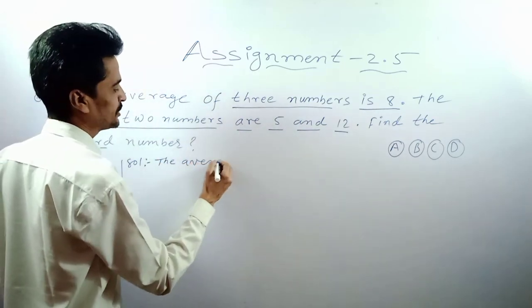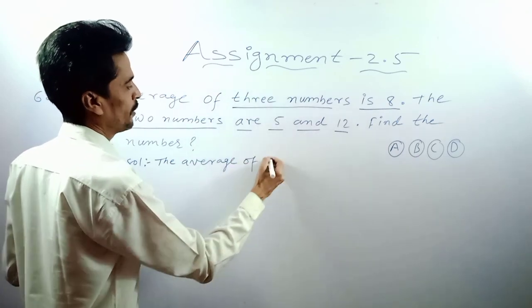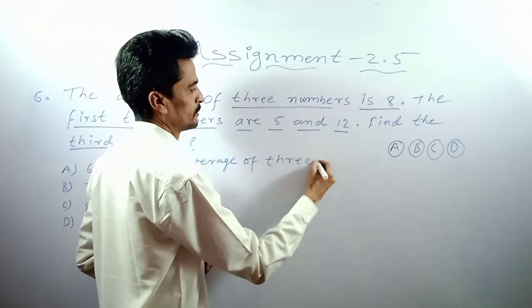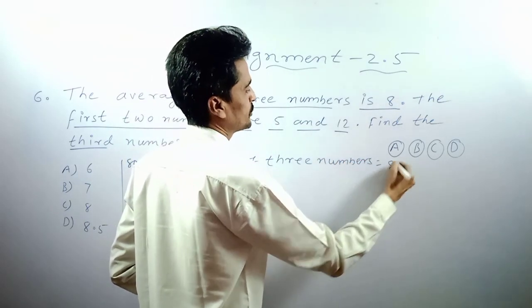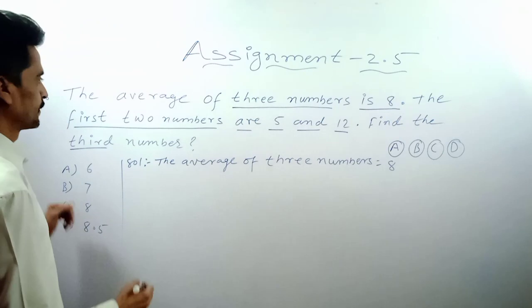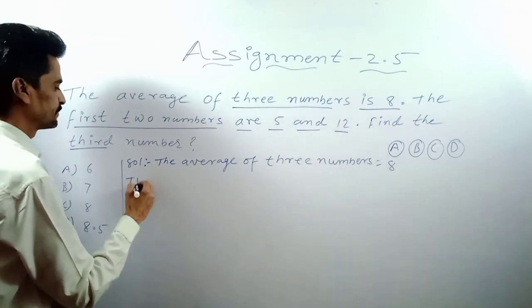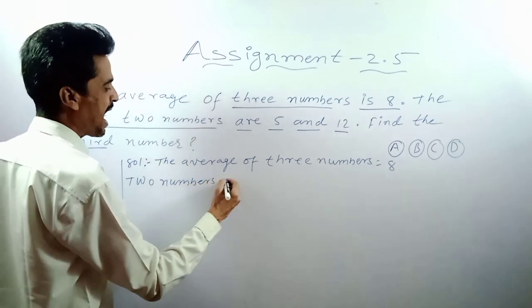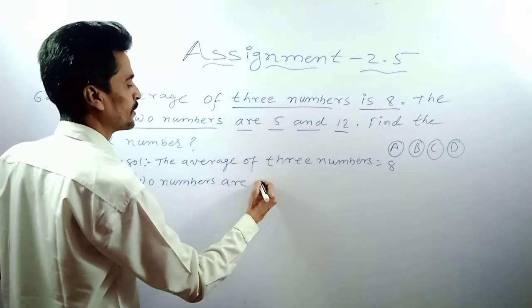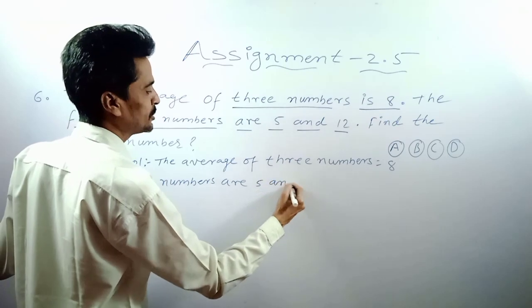The average of 3 numbers equals 8. 2 numbers are 5 and 12.